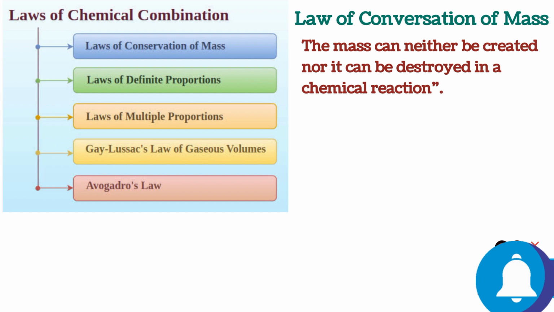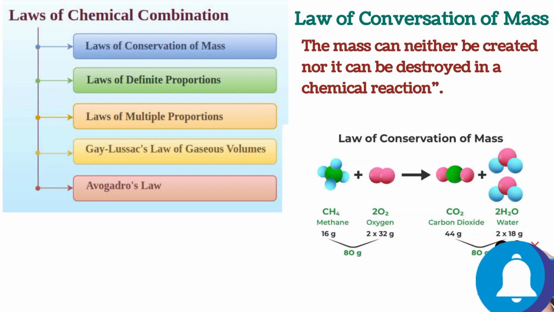But in a situation where you have gaseous molecules in an open system, of course the mass of some of the reacting particles or the products may be lost. So let's actually now look at how some of these reactions take place and how the mass is maintained between both the reactants and the products, meaning that the total mass of the reactants and the mass of the products are always the same. So let's look at examples.